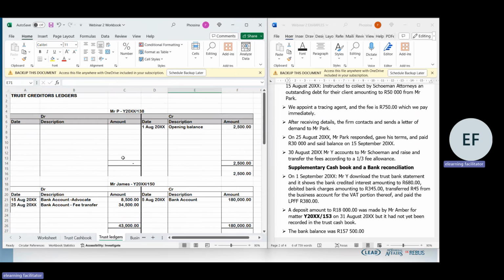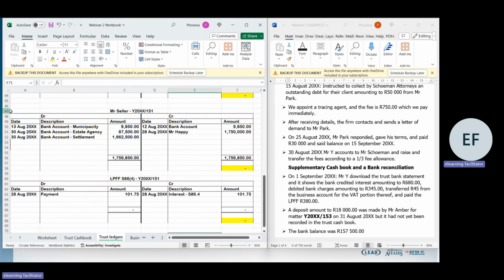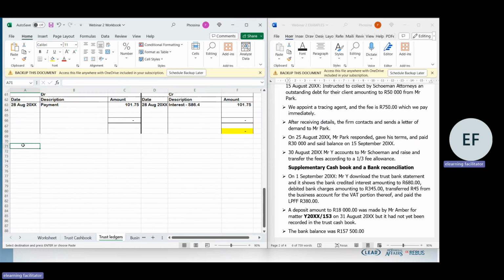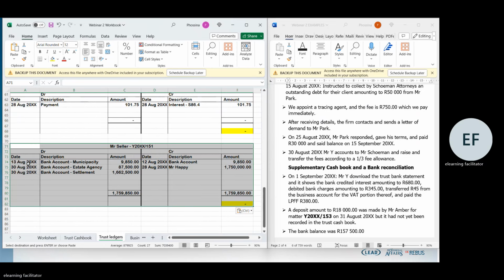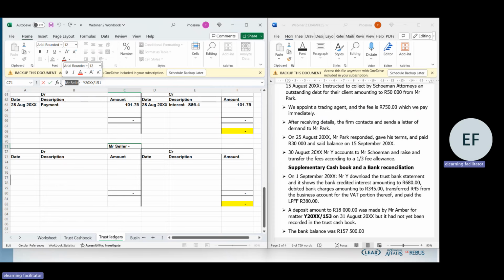We do our double entry, which means we create a ledger account. We create a ledger account for Schoeman attorneys, which is our correspondent, file number 152, like that.